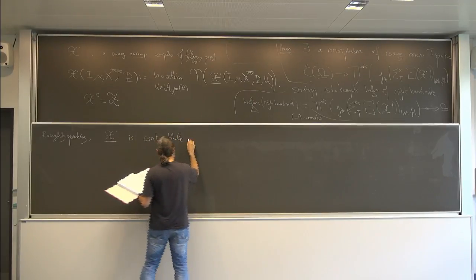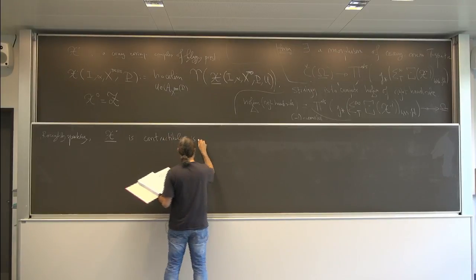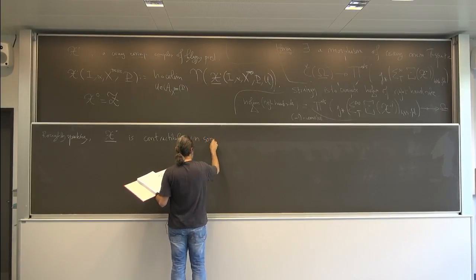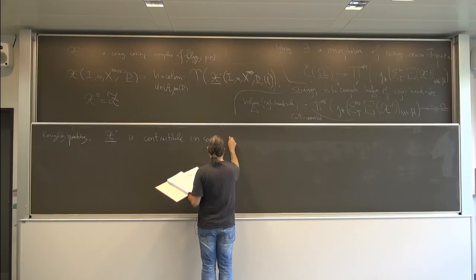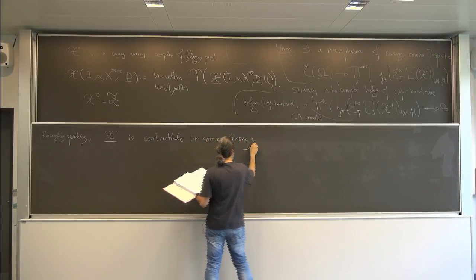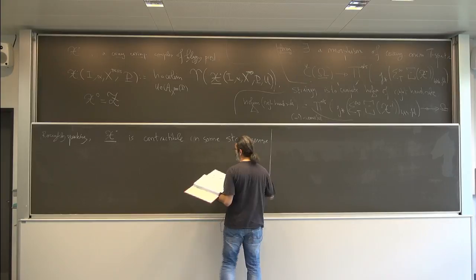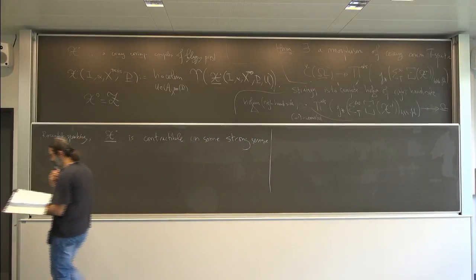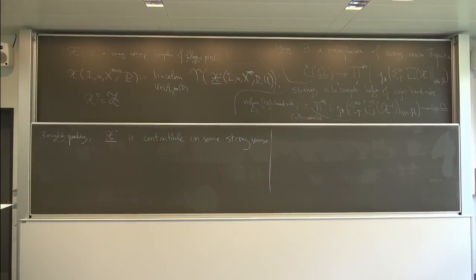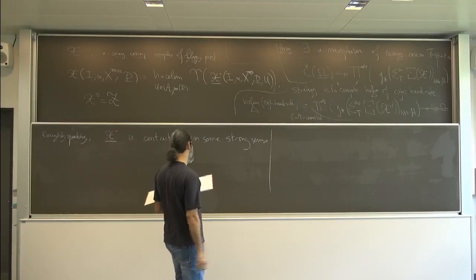One has to do this in some strong sense that I will make clear later. So we need to have this contractibility in a strong sense so that we can pass it through all these functors that appear there.